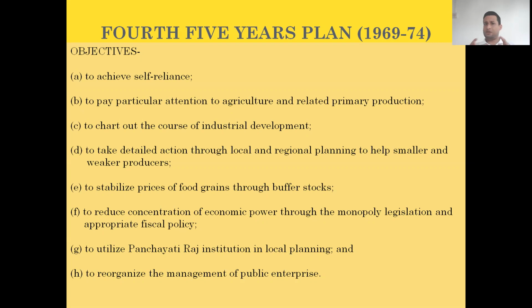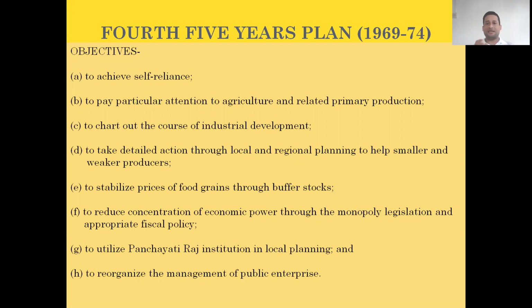Though it was not written in the objectives to bring inclusiveness in the economy, inclusiveness was one of the prior agendas of the fourth five-year plan too, but it was not documented at the time. From the objectives, we can realize that if they fulfill these objectives, then inclusiveness can be achieved in the economy.